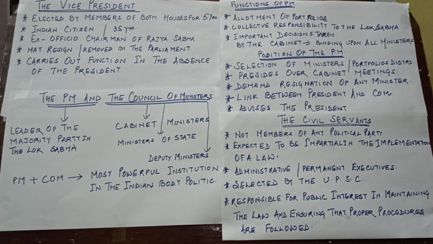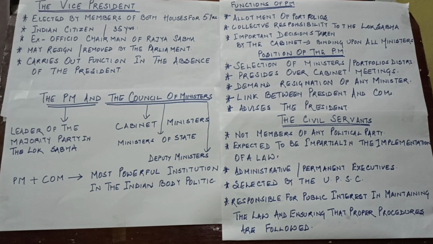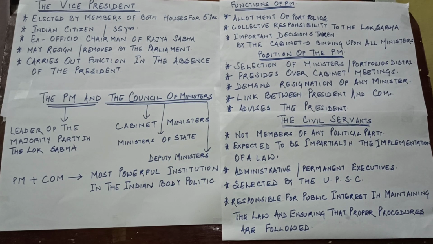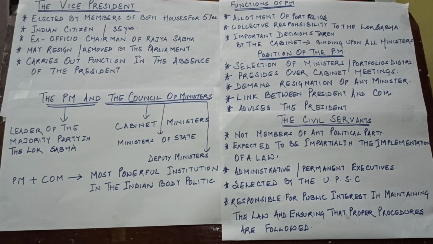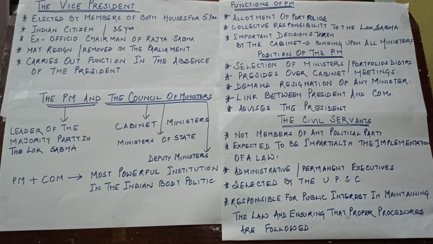An outsider can also be appointed as a minister only on the condition that within the 6 months given to him or her, the person should be elected or nominated in either of the houses. In case of failing to do so, the minister gives up his or her portfolios after the end of the 6 months from the date of appointment.